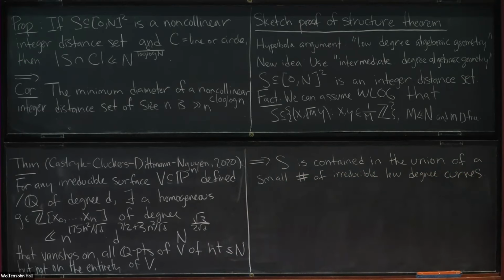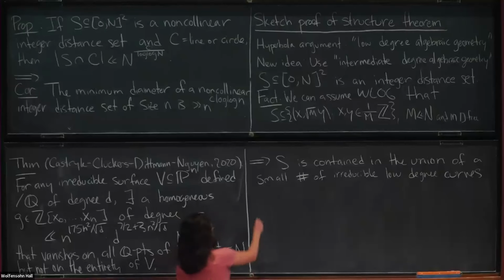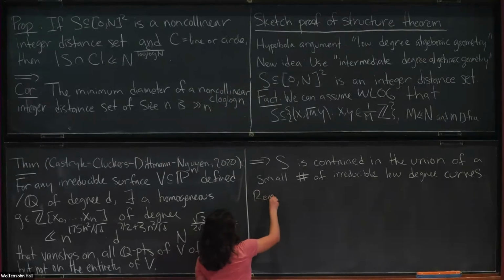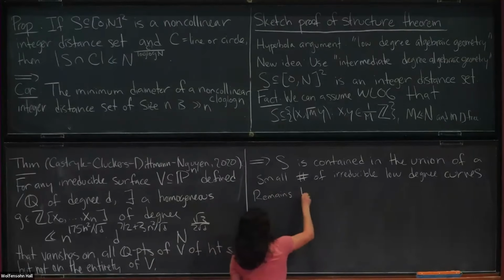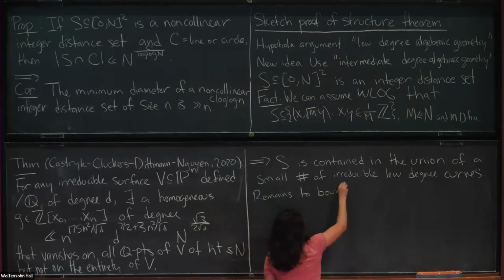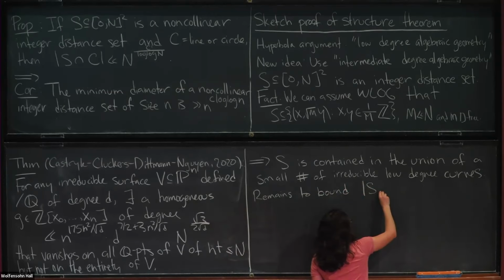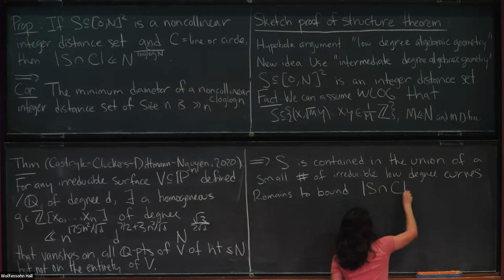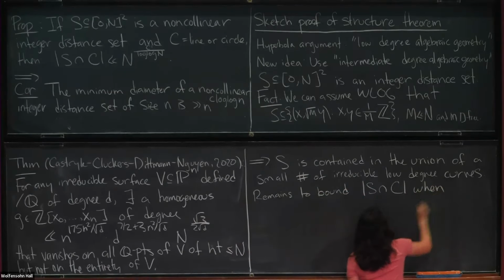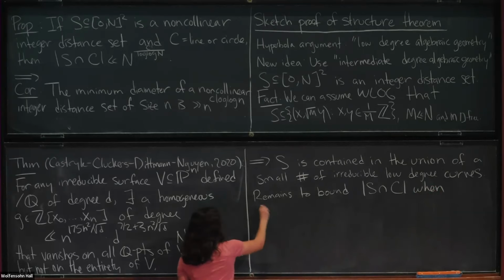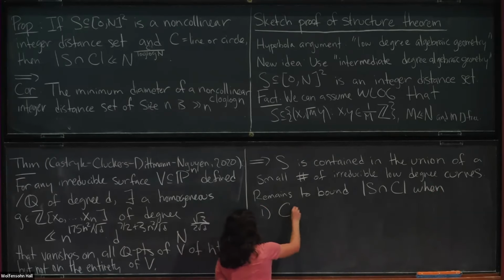So then the remainder of the argument is controlling the intersection of S with low degree curves. So it just remains to bound the size of S intersected with a curve C when C is in one of two cases. First, when C is not a line or circle.